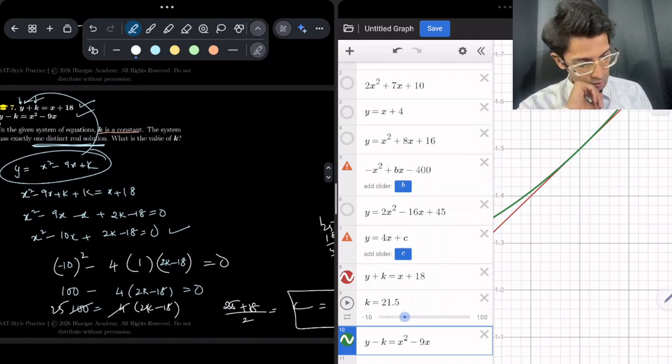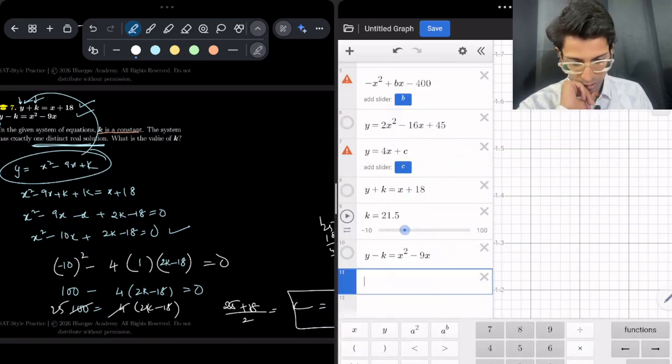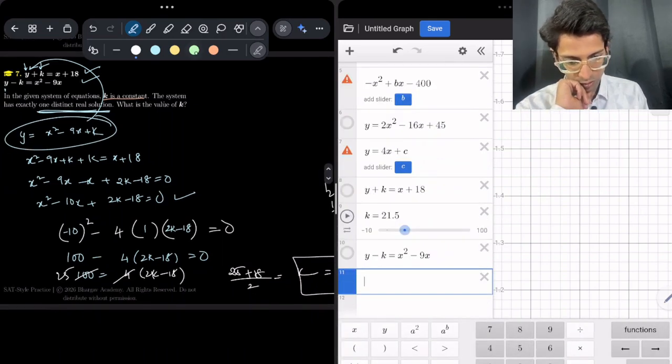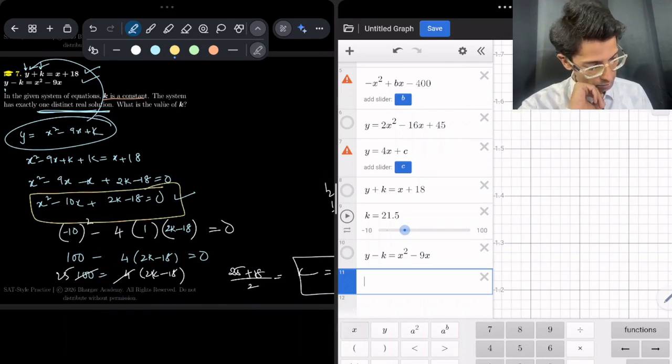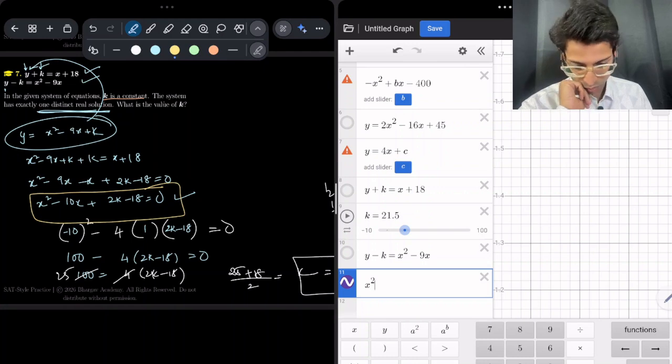Or if you want to really do it with Desmos, then the way to do it, I'll tell you. You have to focus on this equation which you have got here, and let me show it to you how it should be done on Desmos. So what do we have here?